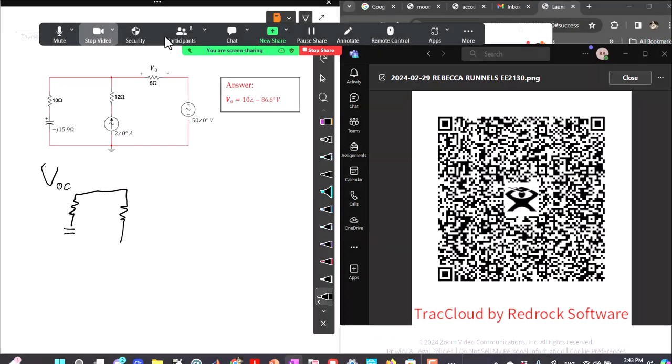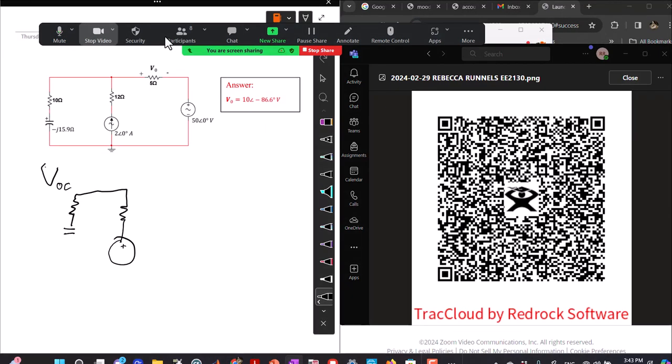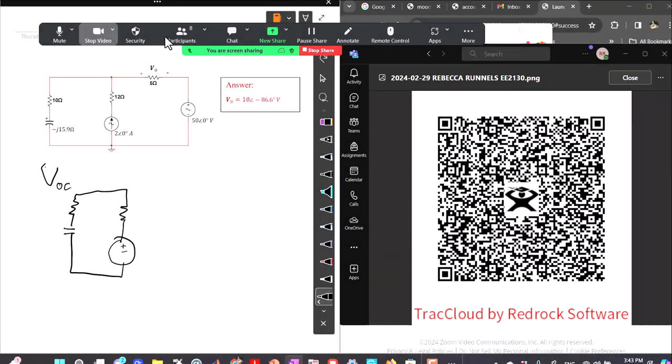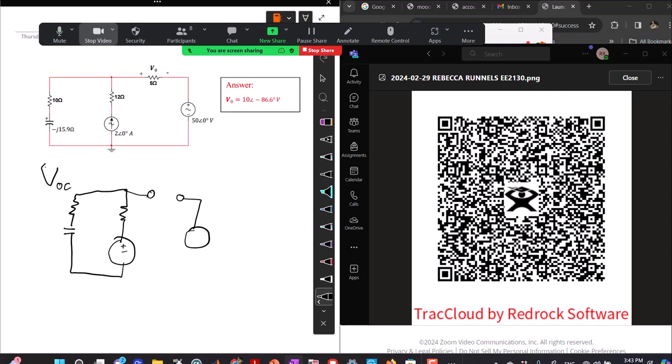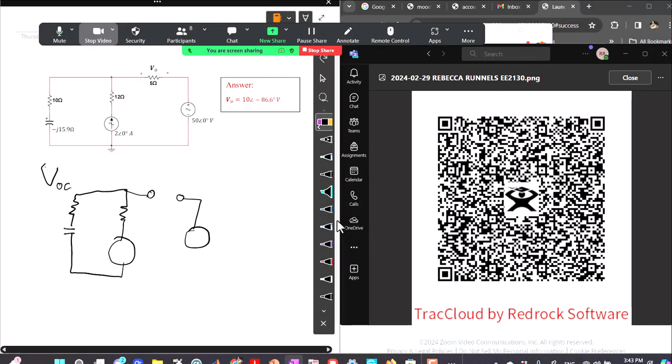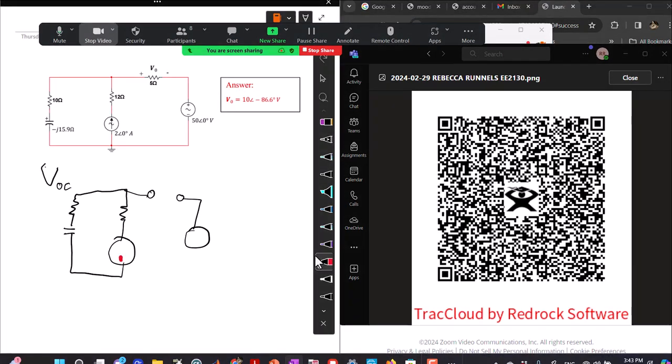And we're going to put the open circuit where the load is right now. So the open circuit is right there. So that's where we want. That was the first mistake I made the first time I did this. This is not a voltage source. That is a current source.